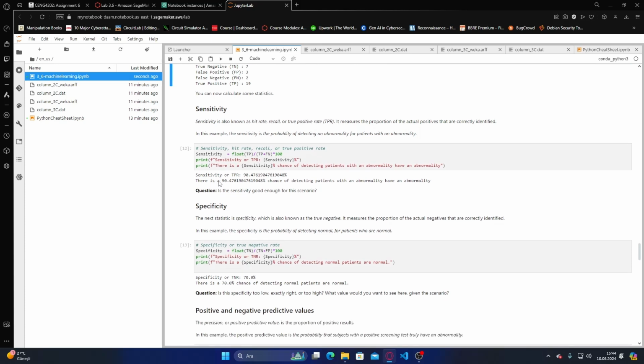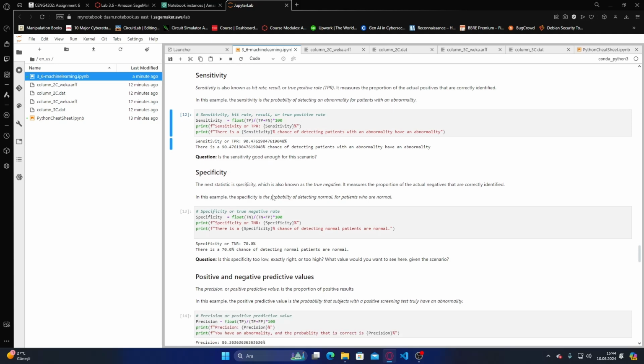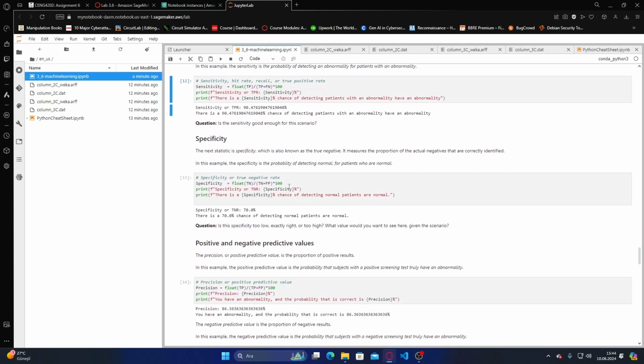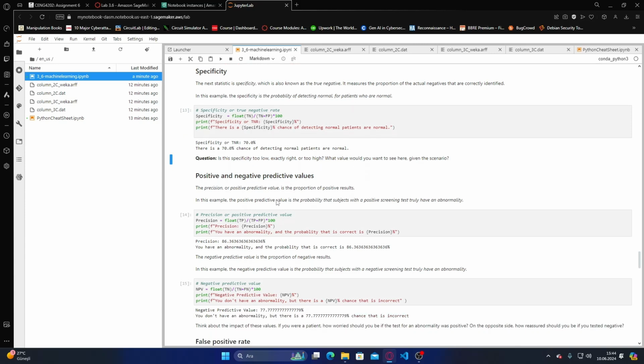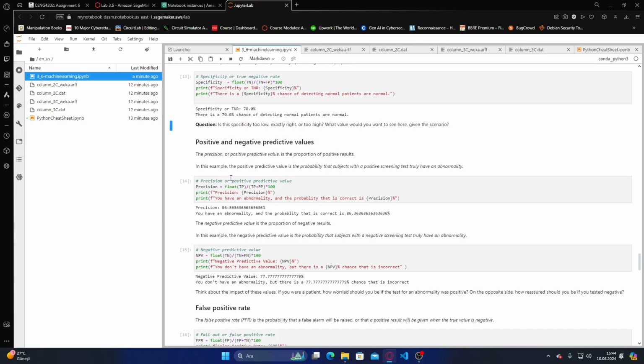In this scenario it's about 90%, and actually this is a good sensitivity. 90% is high. The specificity is 70%. For me, it's good, I guess, but it says too low. It's good for me, but it's not so good.